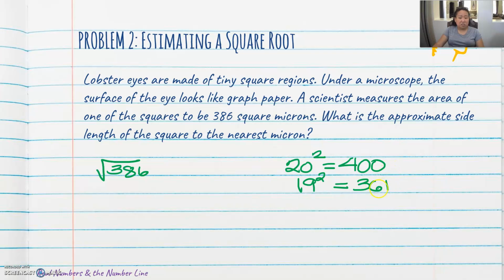Somewhere in between. So we can say that a good estimate for the square root of 386 would be 19.5 or probably 19.6. That's our estimate for the square root of 386.